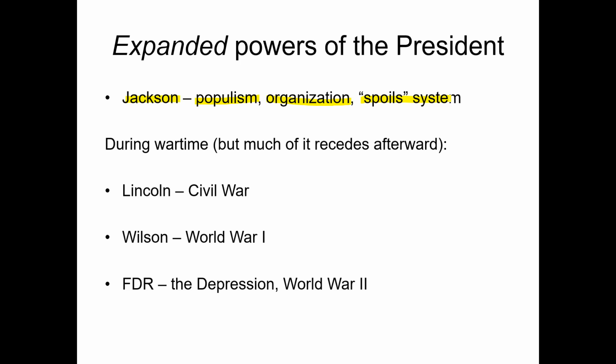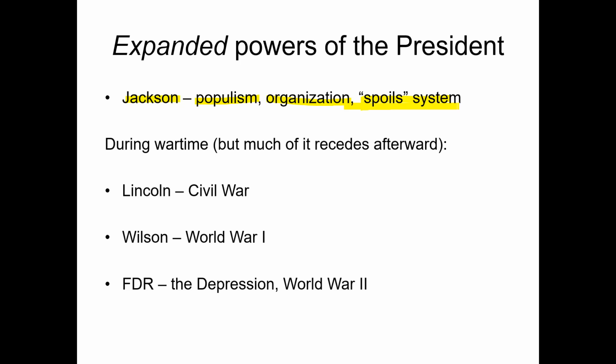History has not treated Jackson very favorably as a result, and a lot of reforms followed in order to try to downplay some of the power that Jackson amassed as president, particularly the spoils system, because as we get into the late 1800s, laws were passed that prevented the president from stacking the bureaucracy with loyalists and sycophants that would help him get reelected.